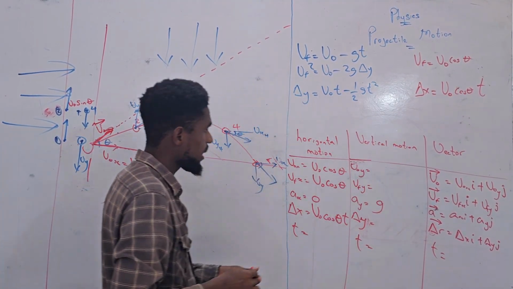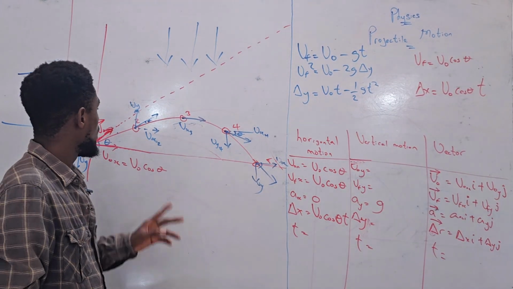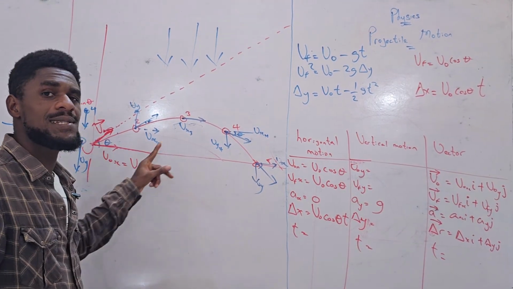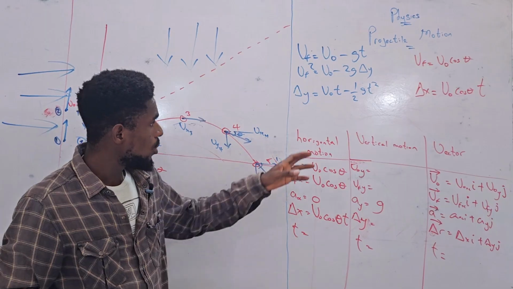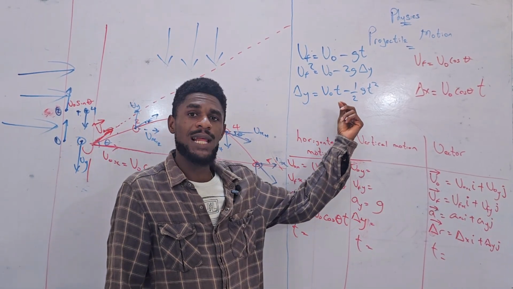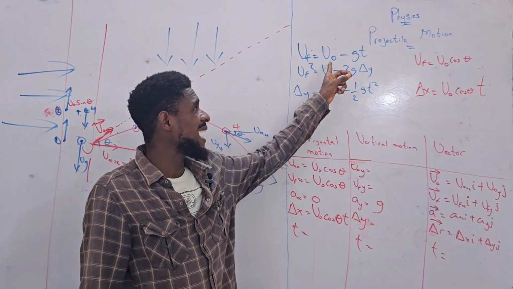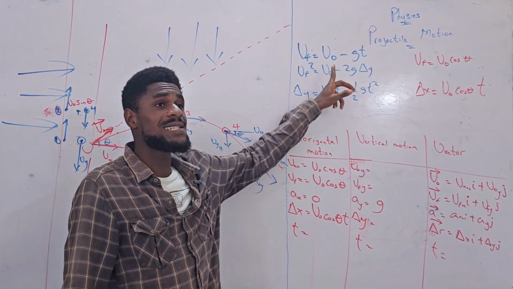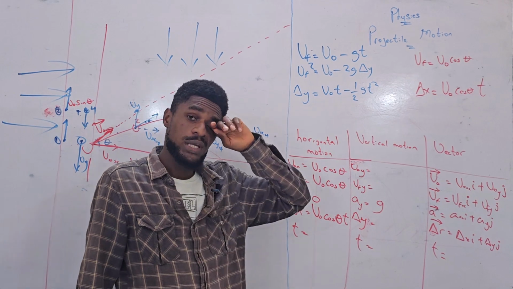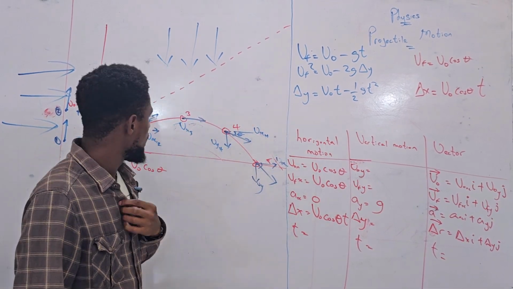GT squared. Now, because I'm firing this ball at an angle, I have to tweak this formula slightly. What do I want to tweak in it? Just add the inclusion of sin theta.